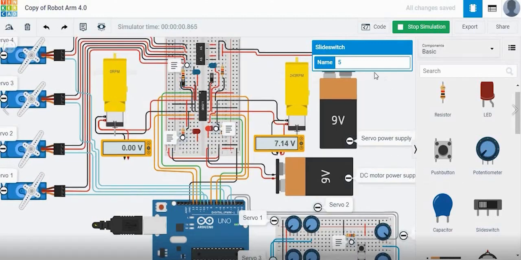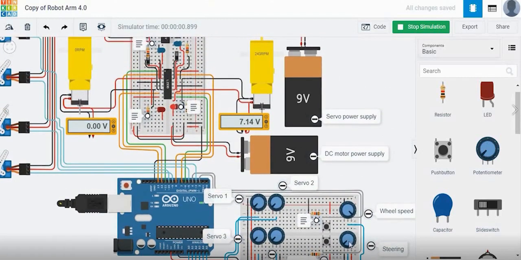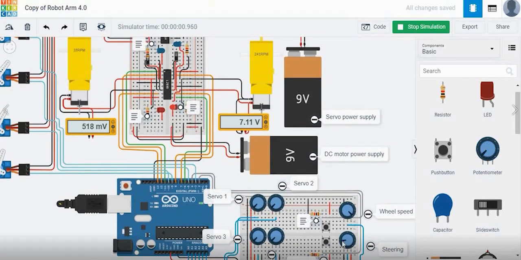Why? Because of this steering effect. If we control the steering, there is speed here, but the speed here will be reduced. And the same goes if I move to the maximum: the speed for the left wheel will undergo the maximum speed, while the right wheel will undergo almost 0 RPM.